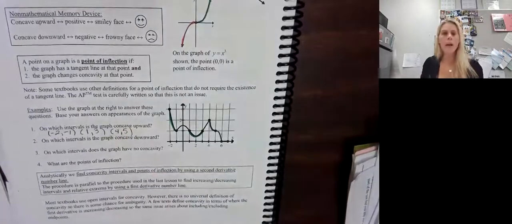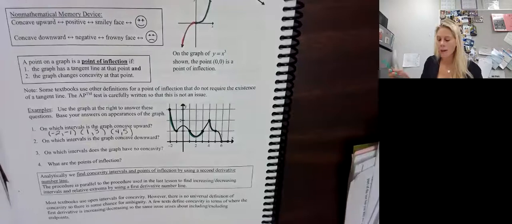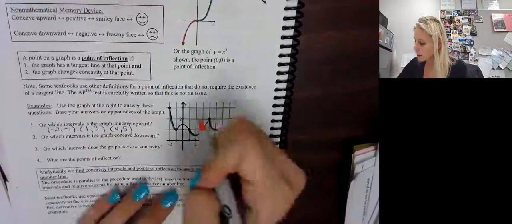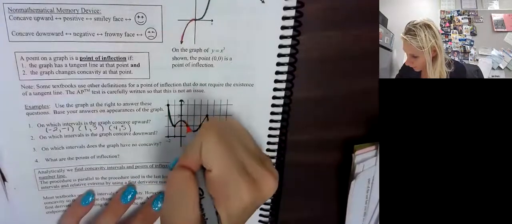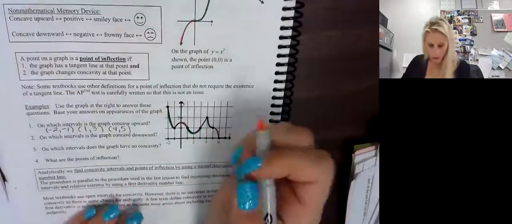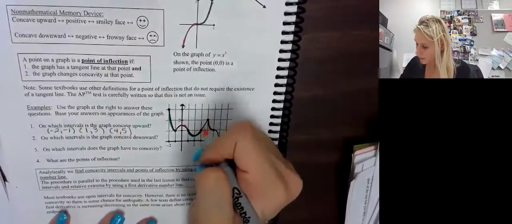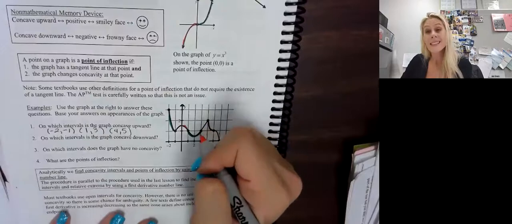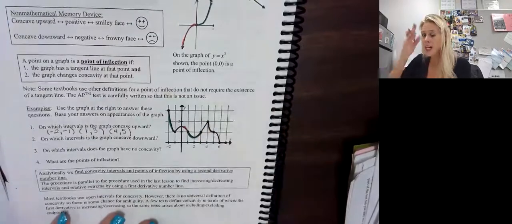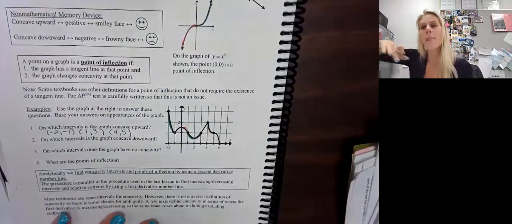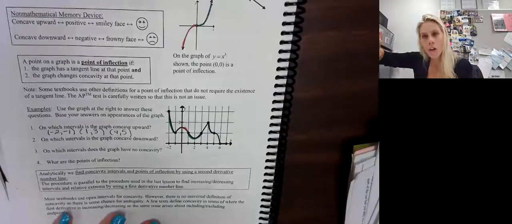All right, now on what intervals is the graph concave down? I'm going to use the orange now. Concave down, so that frown, well, we're frowning right here. If you look, we're not frowning here, right? This is a line. So concavity is about that nice curve to it.